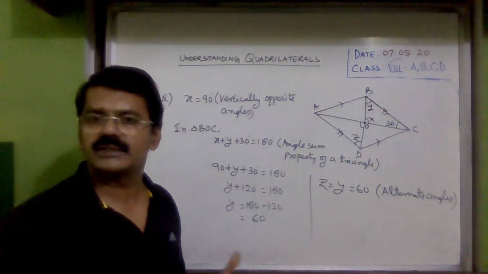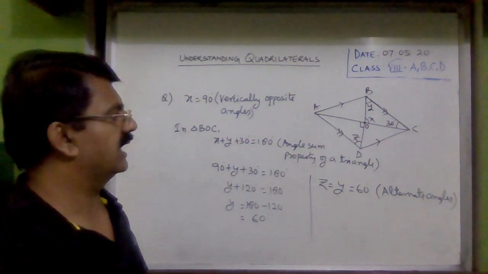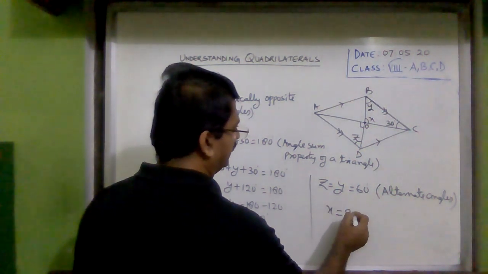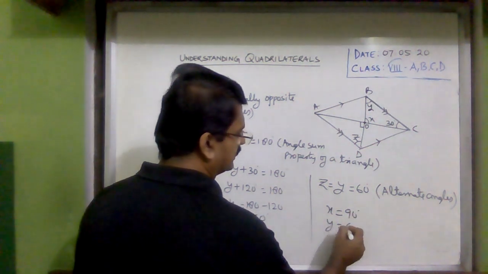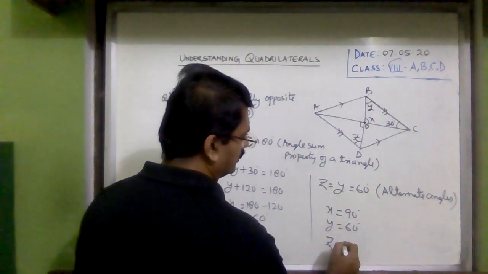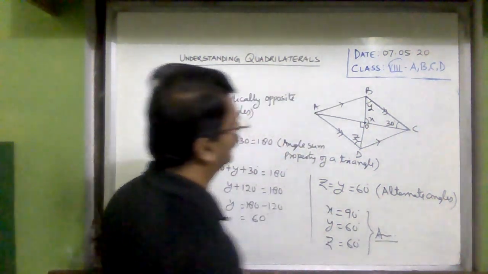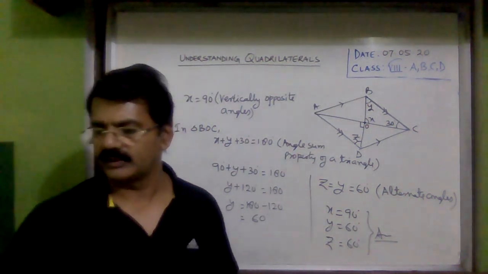Z is equal to Y is equal to 60 degrees because they are alternate angles. So we have found X is equal to 90, Y is equal to 60 and Z is also equal to 60 degrees. And that is our answer. Clear? So the next question.